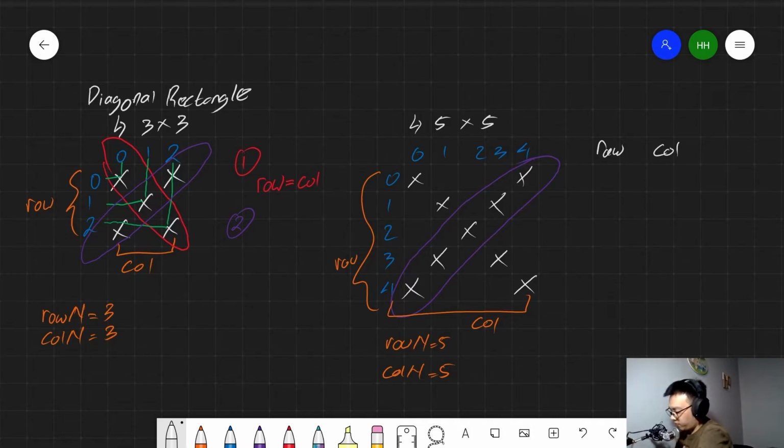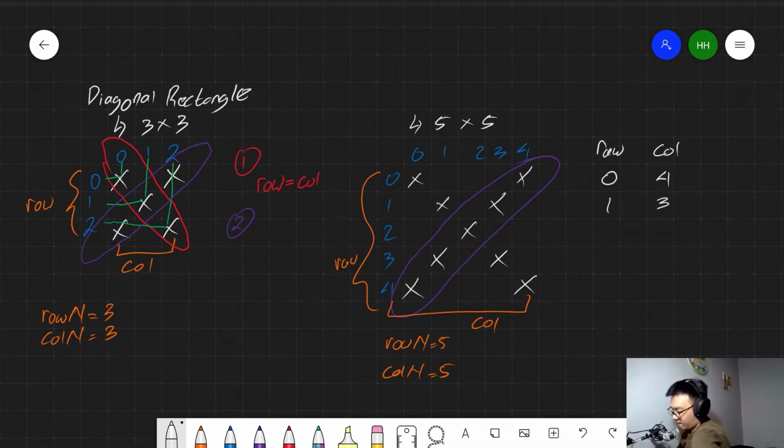Whenever your row is 0 and column equals 4, you print X. And whenever your row is 1 and column equals 3, you print X, and so on.